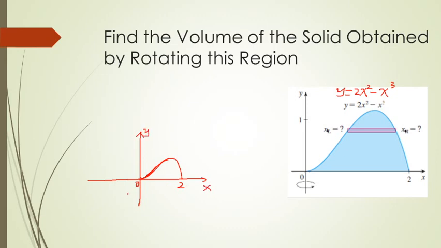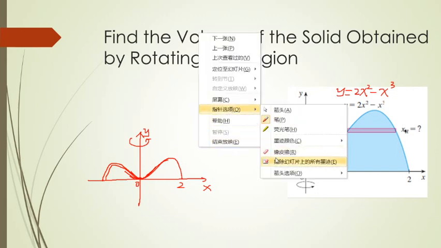And then if we rotate about the y-axis, you will get this solid from minus 2, looking like this one. They are symmetric actually.